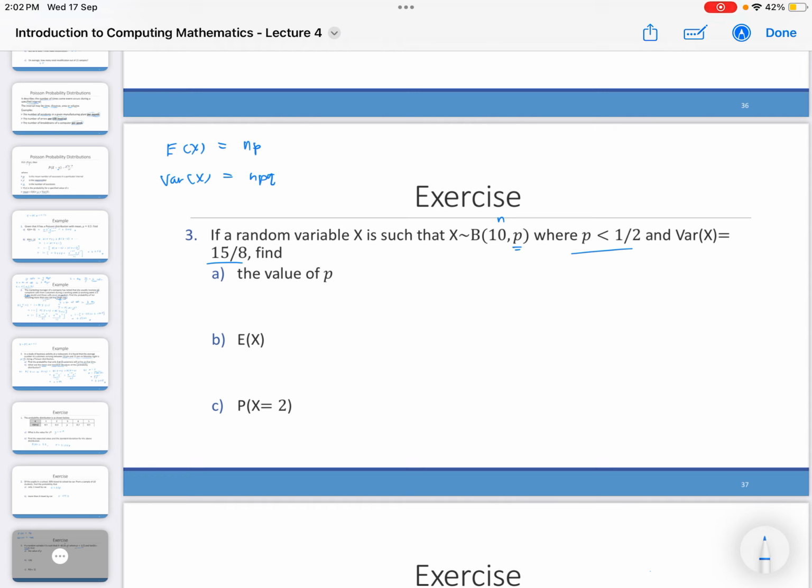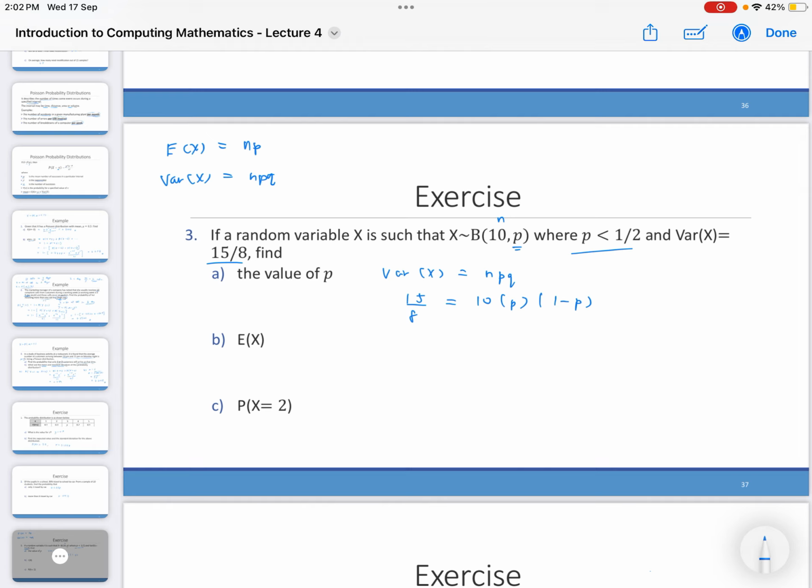So we can use the formula for variance to find p. Variance of x equals n times p times q, so 15/8 equals 10, we know n is 10, times p, times q. And q we can write in terms of p, which is 1 minus p.